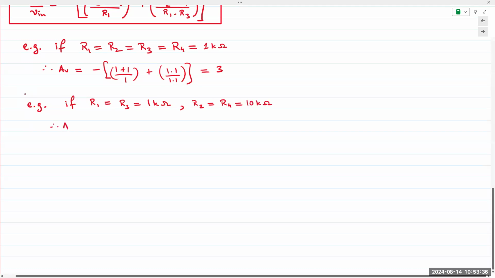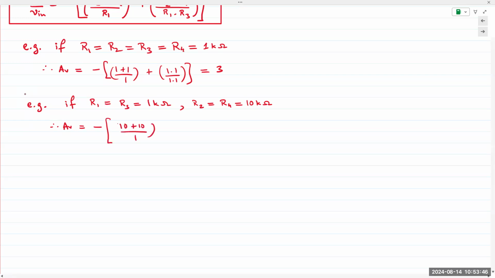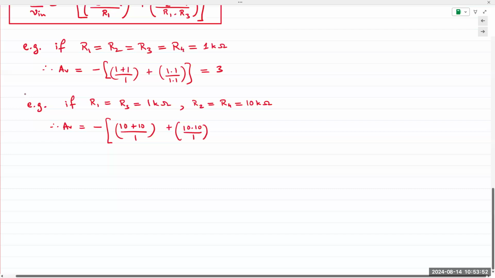Then our gain is minus 10 plus 10 divided by 1, and then 10 times 10 divided by 1, for a total gain of 120.